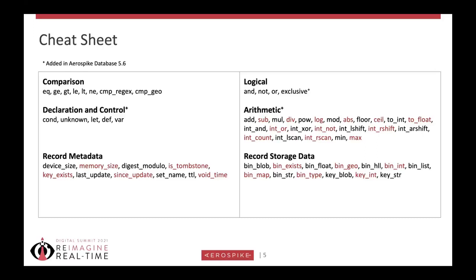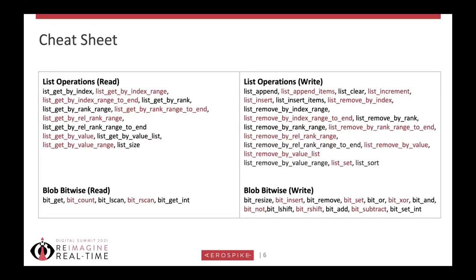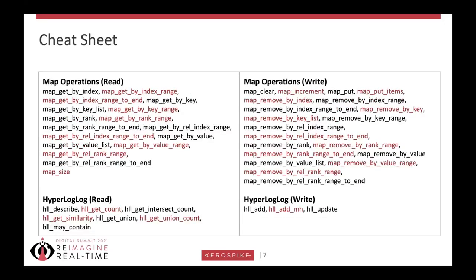We have the record storage data, checking if certain bins exist, checking on their type and on the key. And then, like we said, there's the full list operation API. There's bitwise operations on blobs, the very extensive map operations API, and then the ones that deal with HyperLogLog and HyperMinHash.